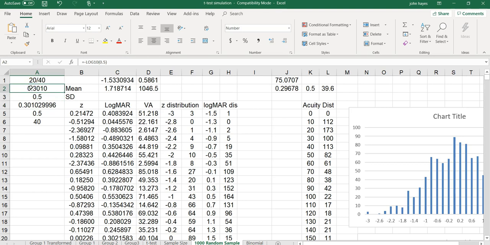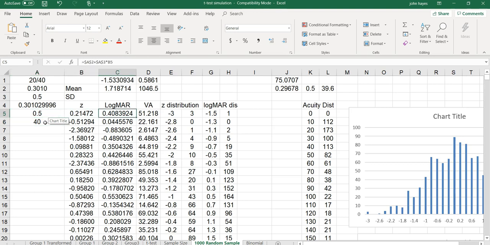Now we want to go the other way. So we can go 10 to the minus A4. And that gives us 0.5, which was back where we were. And then we can take 20 divided by A4 to give us the denominator of 40. All right. So that's what we did on all of these.